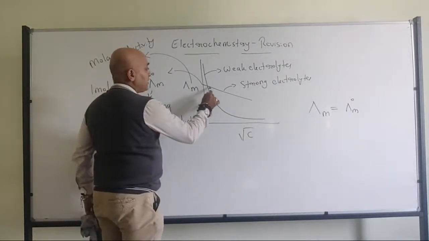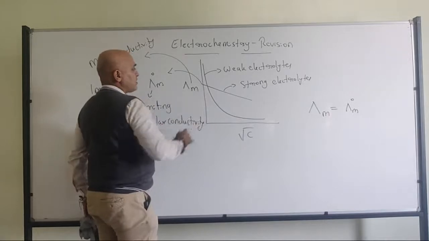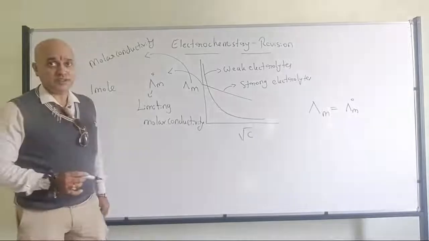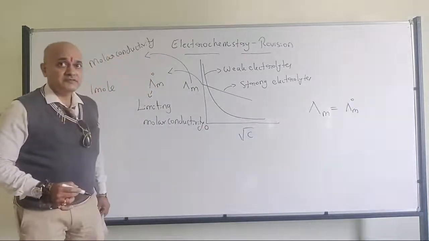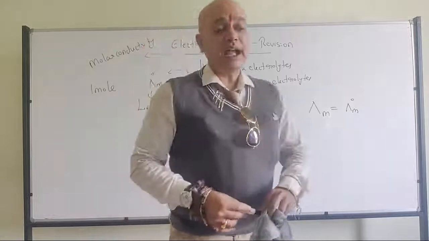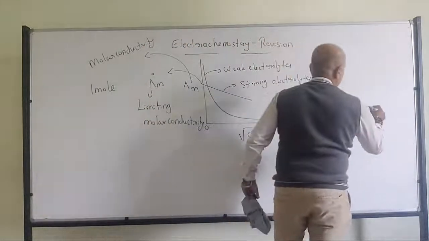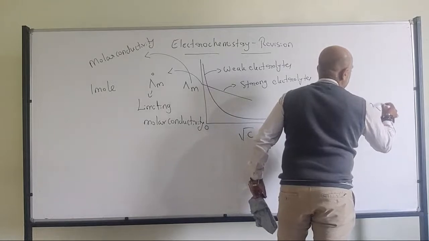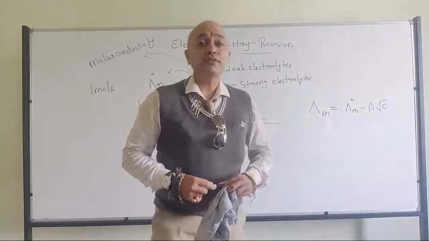This is where the line intersects the y-axis, where the concentration is 0. That's where lambda m is equal to lambda m naught minus a square root of c.